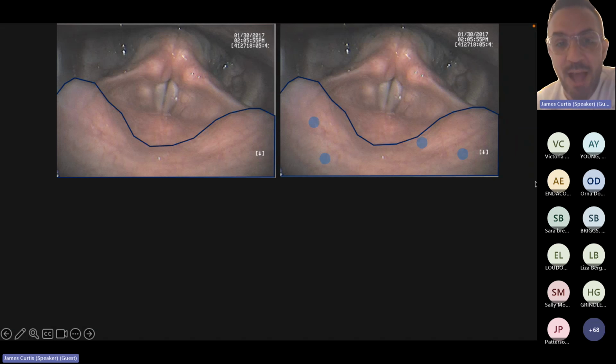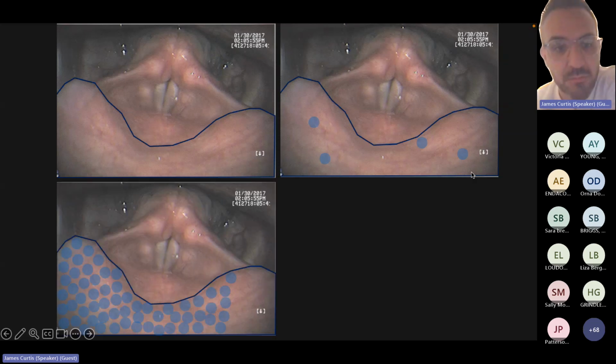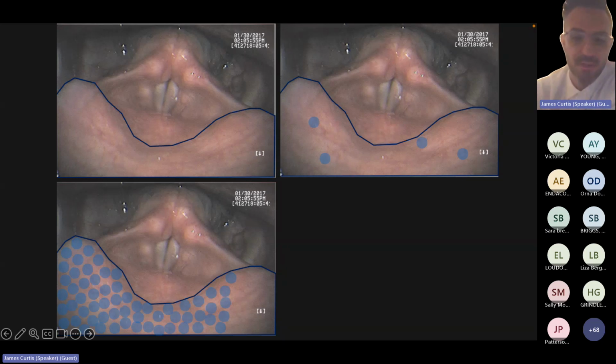So these 4 dots are representing 3% of the surface area, meaning we could get around 35 of these on here before this is completely covered. If we go to this image, there's about 35% covering of the epiglottis, thinking about the visualized and non-visualized surface area. So here around 35% of the epiglottis is covered.